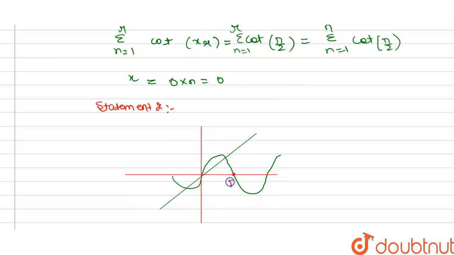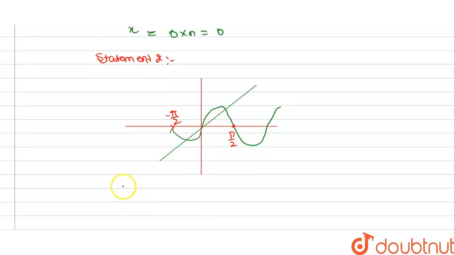This point is pi by 2 and this is minus pi by 2, and from this we can write cos x equals x has one solution, as we have defined here.